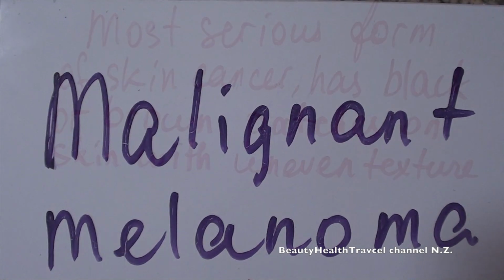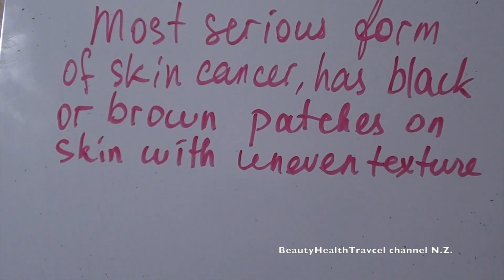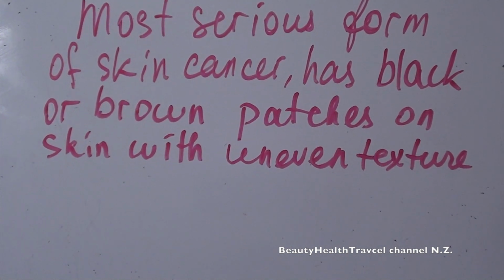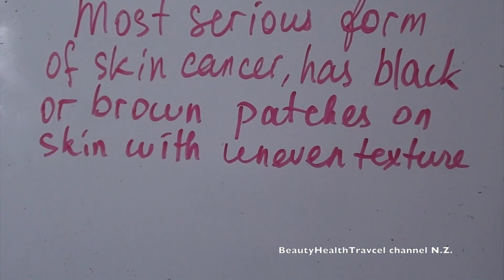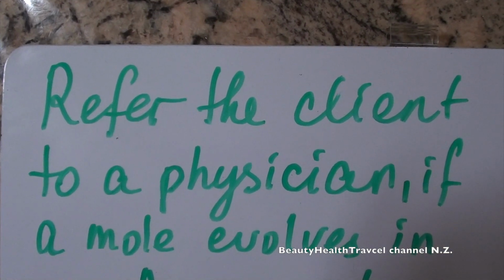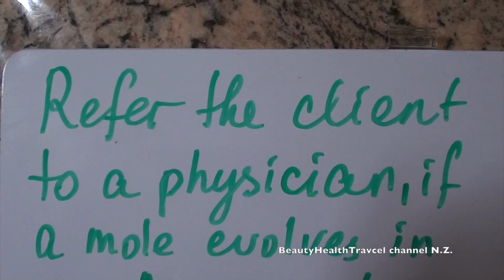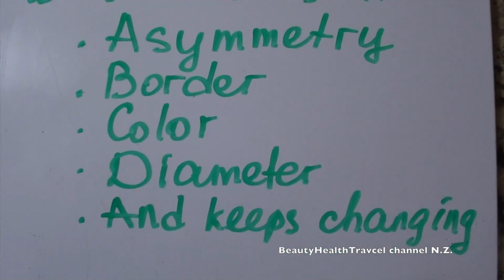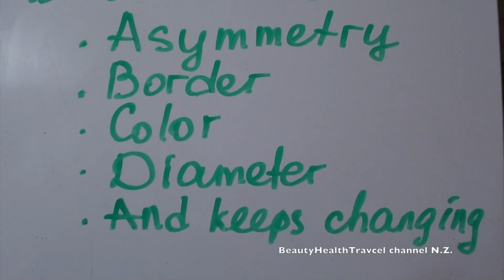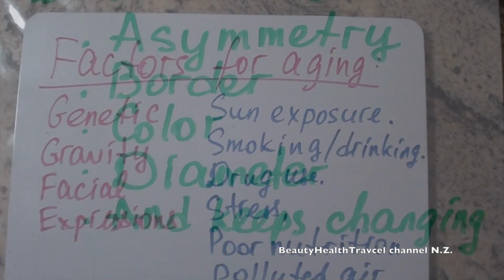Malignant melanoma. Most serious form of skin cancer, has black or brown patches on skin with uneven texture. Refer the client to a physician if a mole evolves in asymmetry, border, color, diameter, and keeps changing.